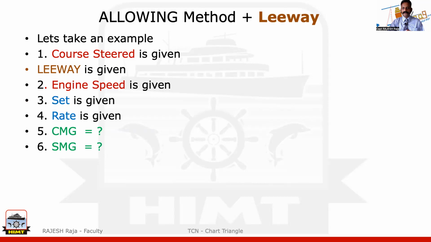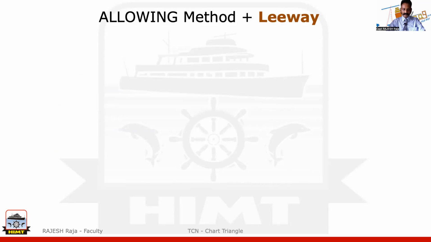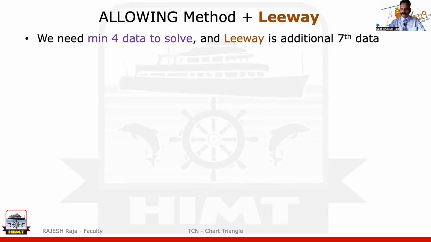Because the engine speed does not change. So even though leeway is a 7th data, and I still need 4 data to solve, I'm not going to include this leeway into that minimum of 4 data to solve. I don't need that. Okay, this is an additional data.